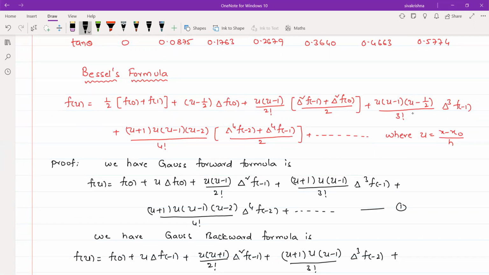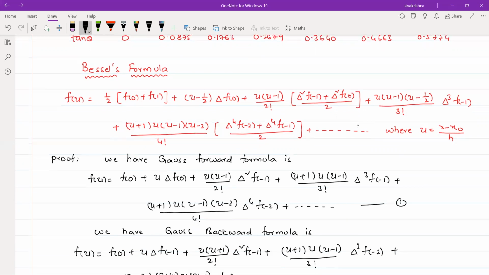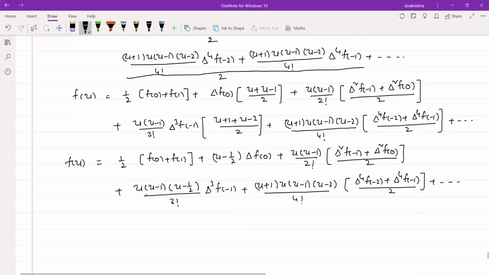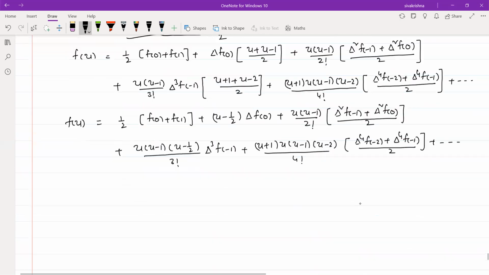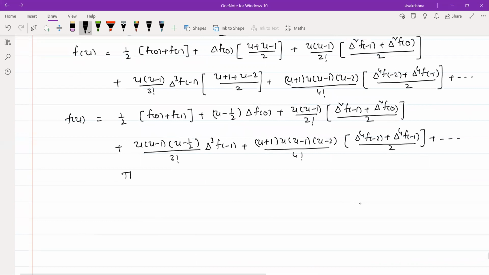Coming to the fourth term, we have u into (u minus 1) into (u minus half) by 3 factorial into delta cube f of minus 1. And similarly the fifth term is also the same. So this is Bessel's formula.